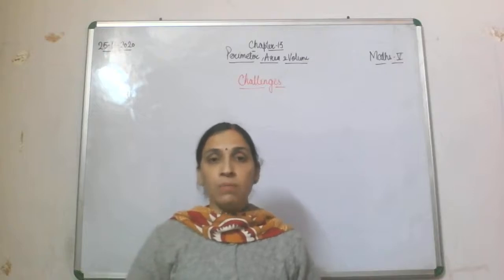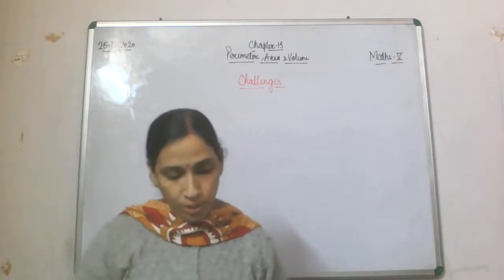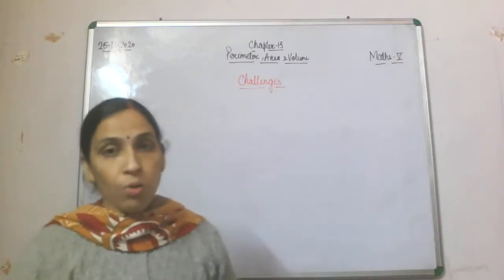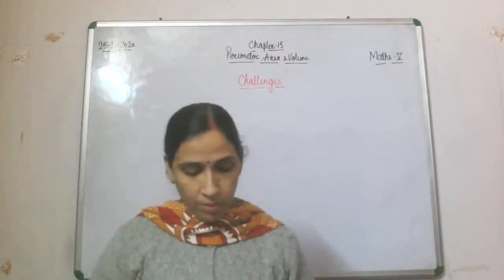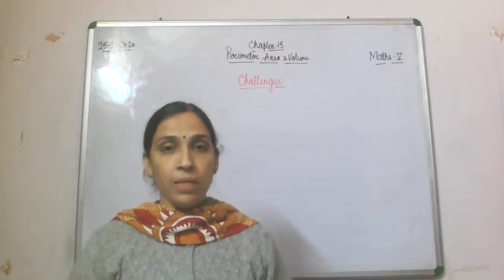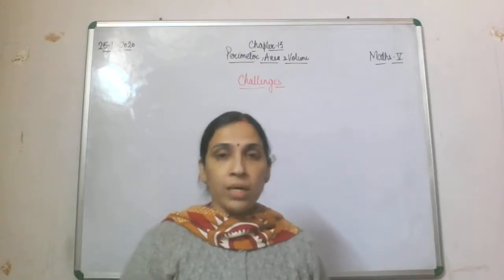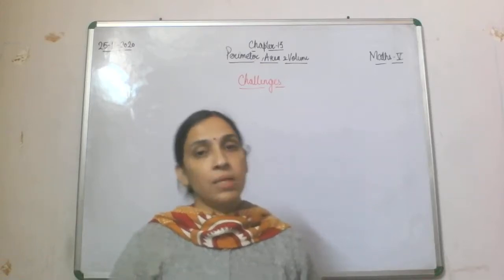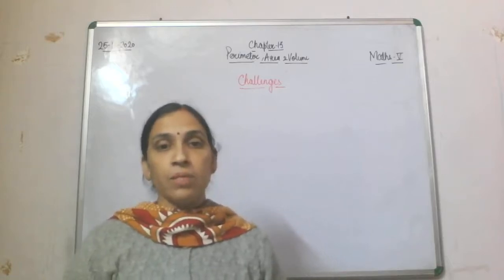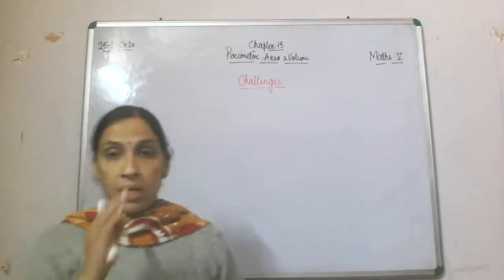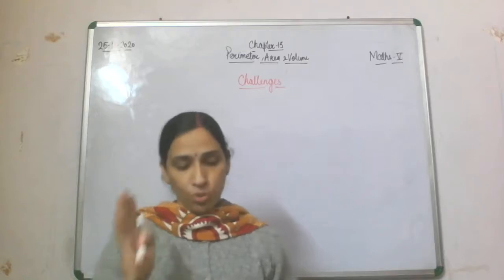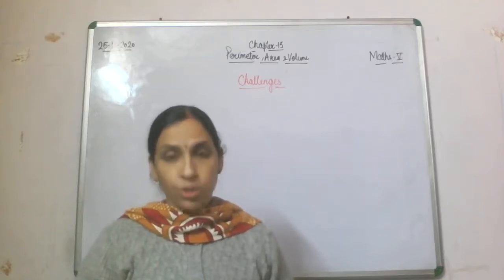Now length means we are talking about the side of a cube. So the volume of that cube will be side, that is 1 centimeter, multiplied by 1 centimeter multiplied by 1 centimeter. Side into side into side. And then you find the answer.